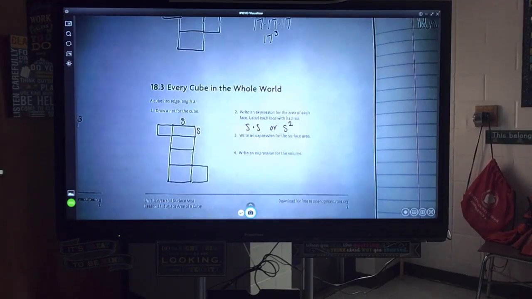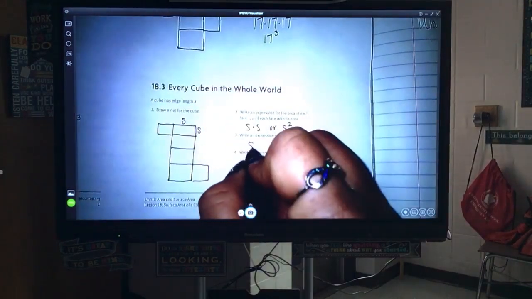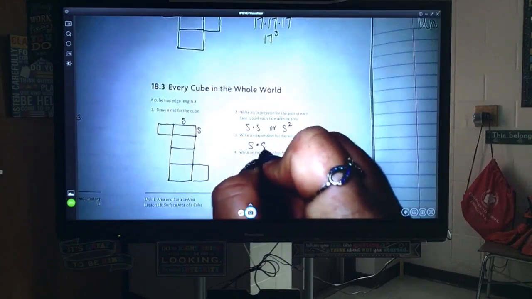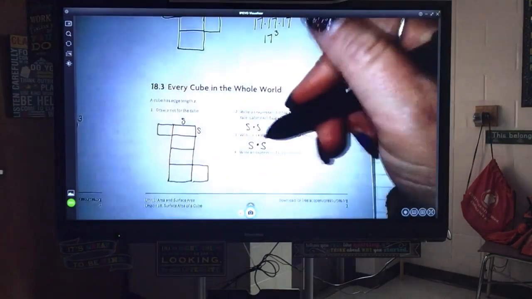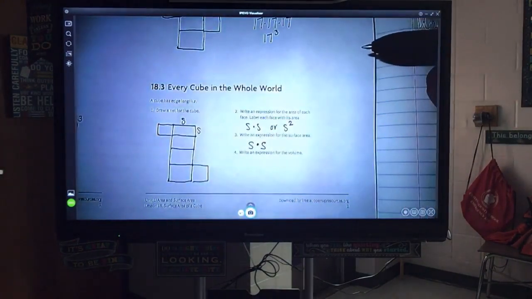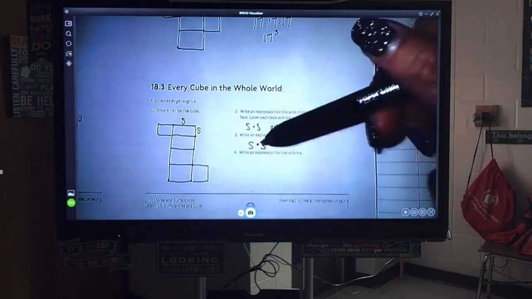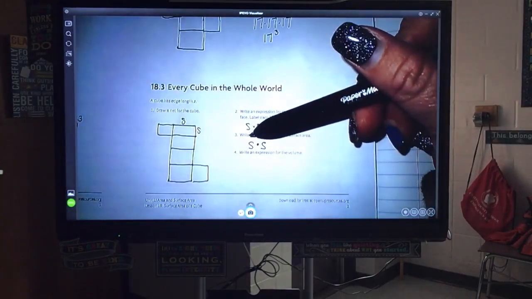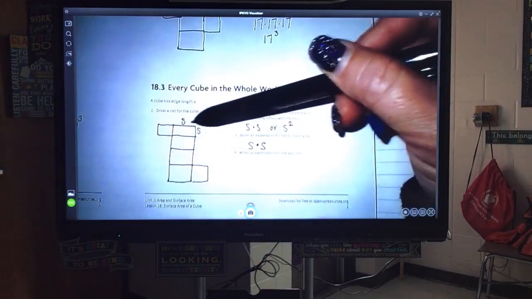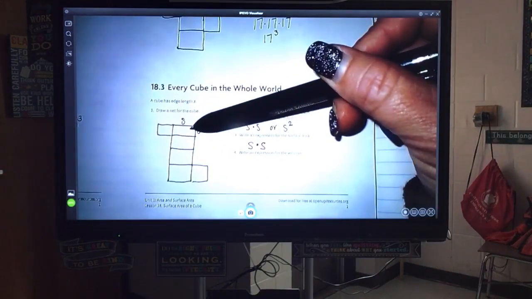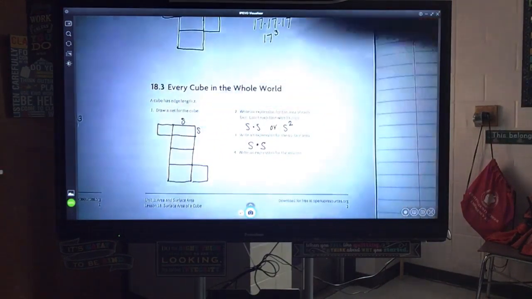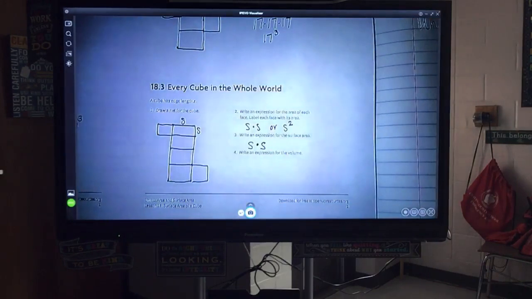Okay. So I think it's going to be S times S and that equal. Not equal, because S times S is what? Surface times surface. Essentially it's the length and the width of this one square, right? So this one square equals S squared.